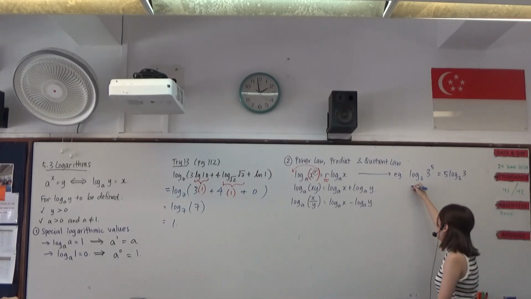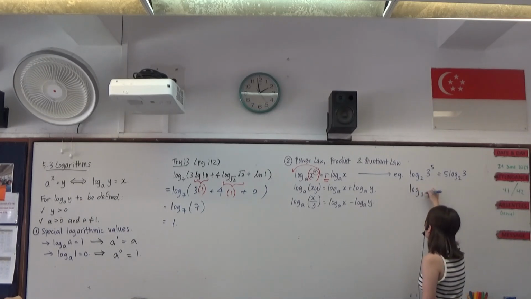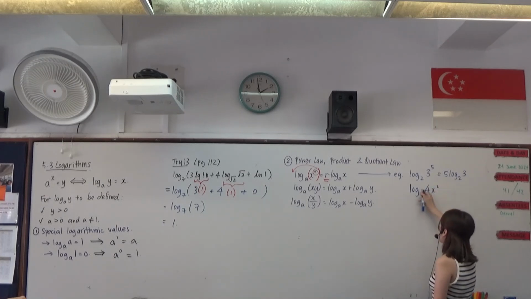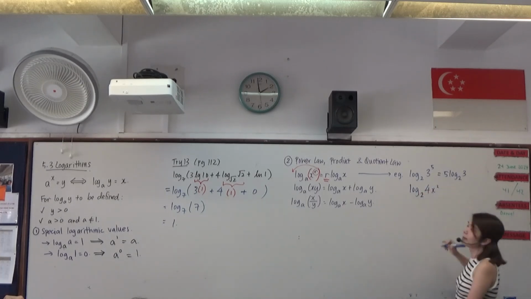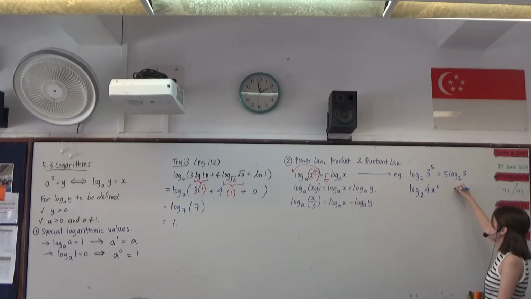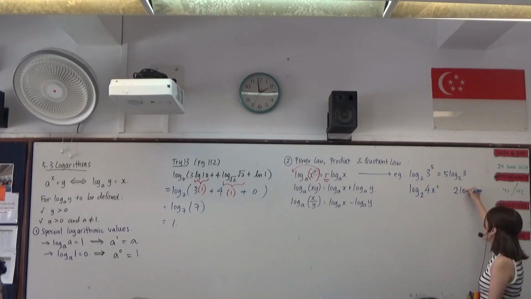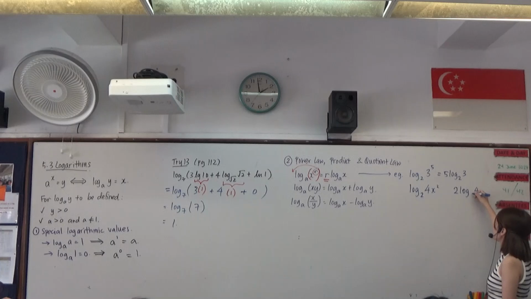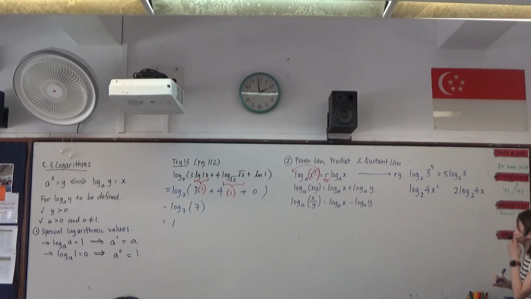Now, what if I have maybe log 4x squared base 2? Is it right for me to say that it is 2 log 4x base 2? Is this correct? No. Why?